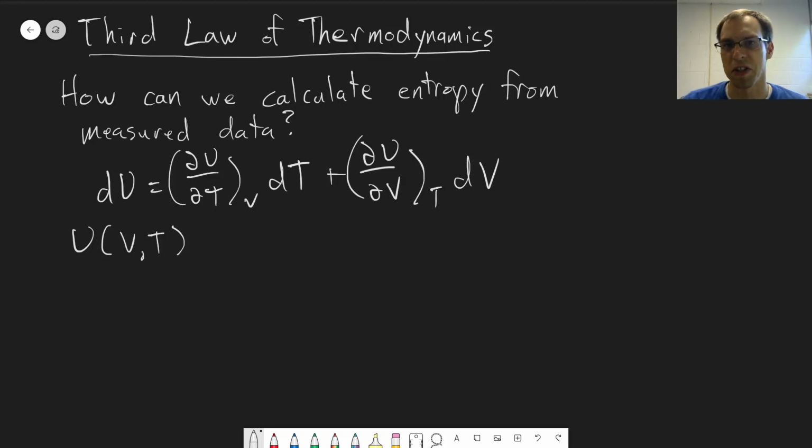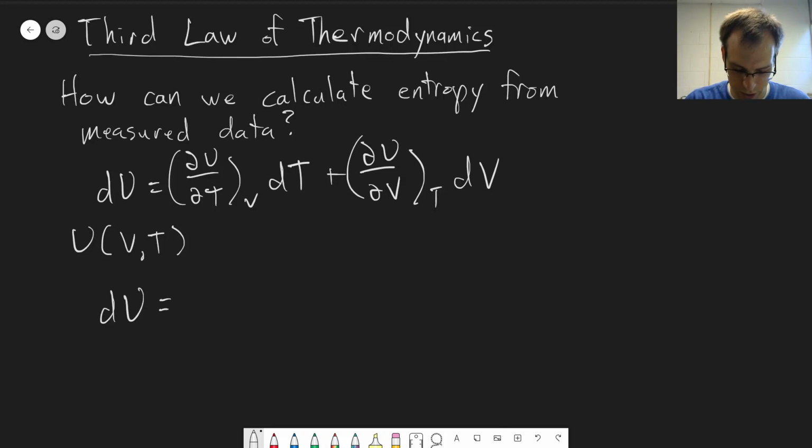This is just definitions, so there's no thermodynamics involved here. This is purely mathematical, the definition of a total differential written out in terms of the partial derivatives. Where this becomes useful is we can also find other ways of expressing dU.